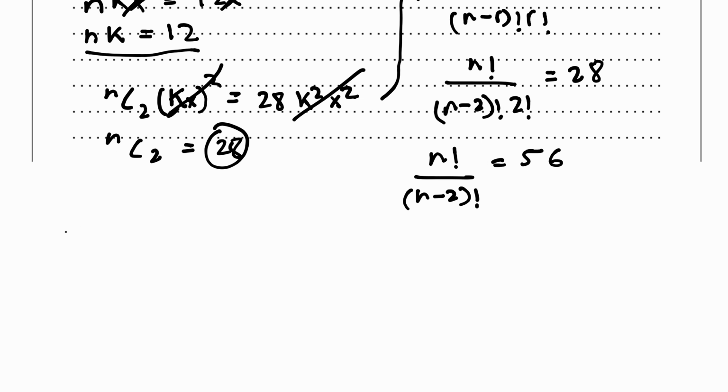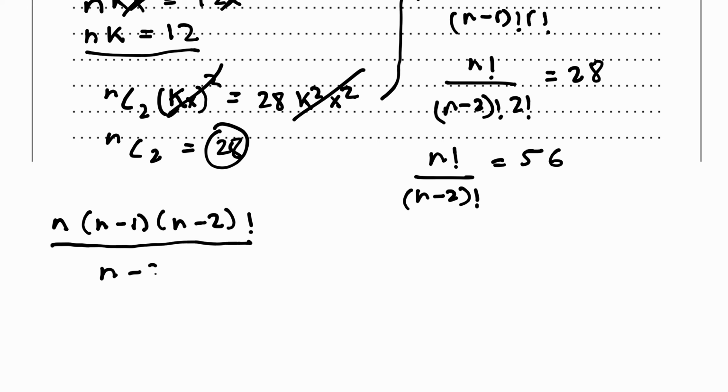Now I'll start from here. So now what do I do? I can't really do anything in its current state, so I'll manipulate this factorial. Well, n factorial is the same as saying n times (n minus 1) times (n minus 2) factorial, isn't it? That's the same thing. I just rewrote n factorial in a way that's more useful for me. (n minus 2) factorial, this and this will go.